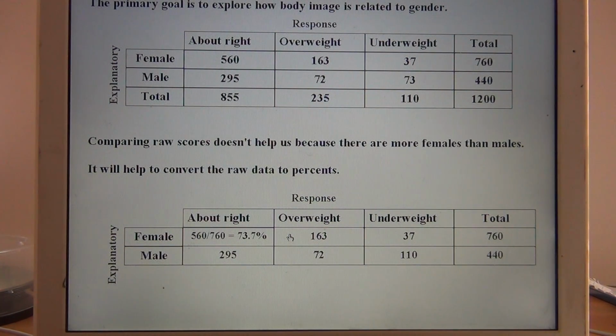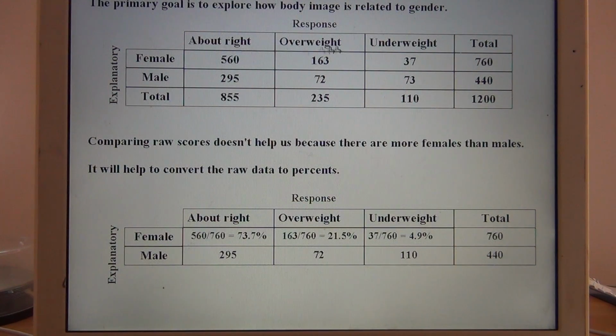Now let's take a look at the overweight. We take the total number of females that saw themselves overweight, we divide that by the total number of females, 760, multiply it by 100, and we get the percent. So 21.5% of the females saw themselves overweight. Let's look at underweight.